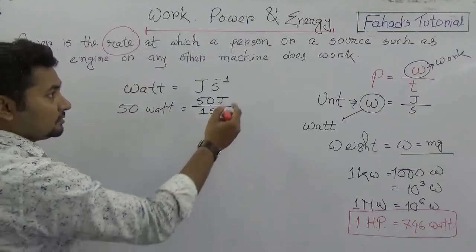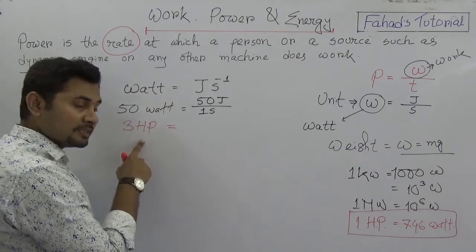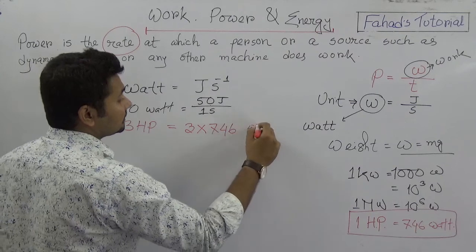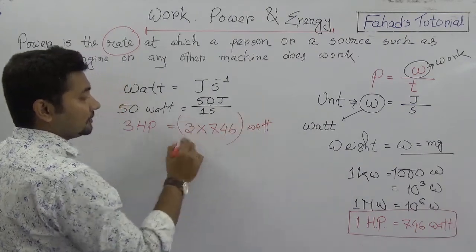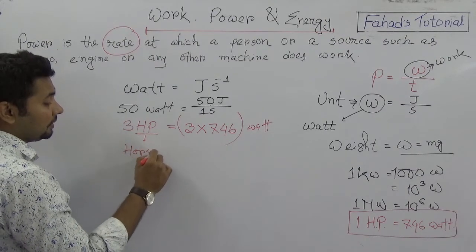So when 3 HP is written, you must know that it means 3 times 746 watt. This is actually horsepower.